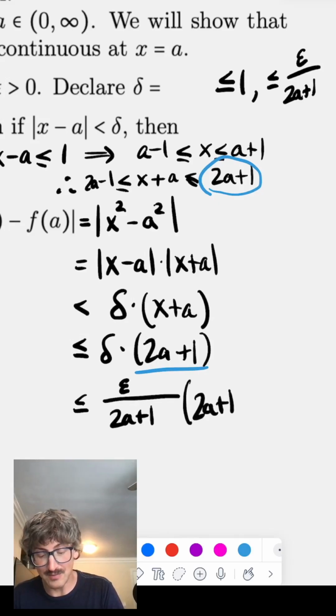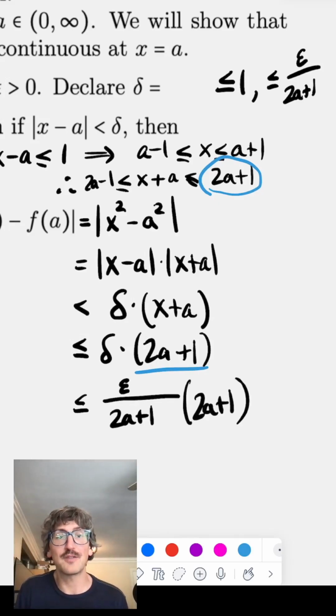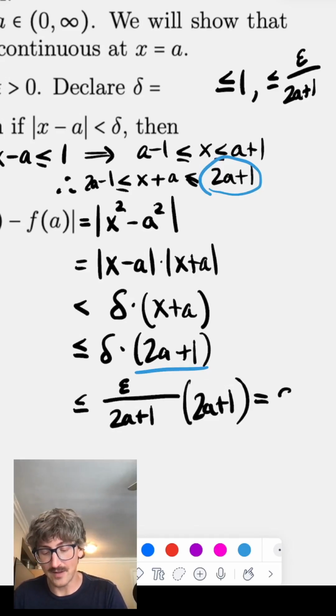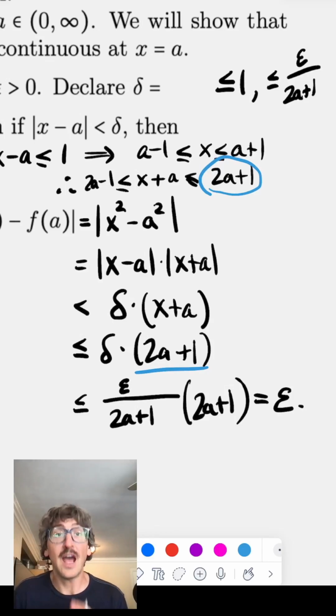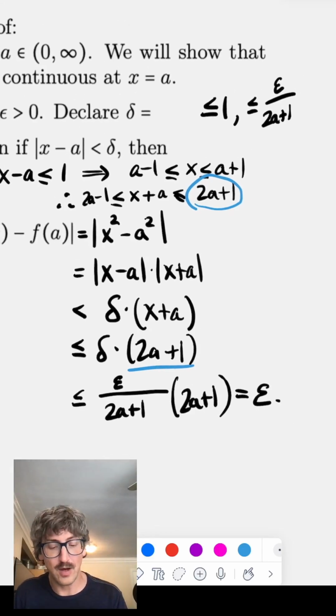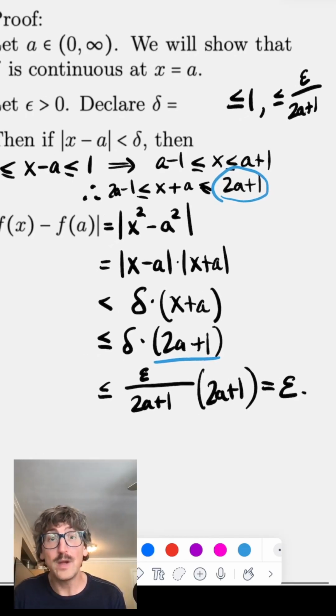Because now I could just multiply by 2a plus 1, and these two things are going to equal epsilon.